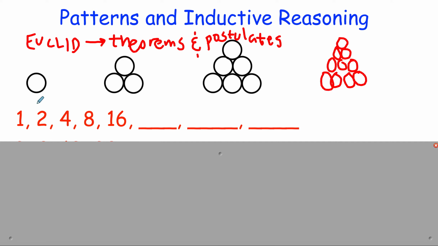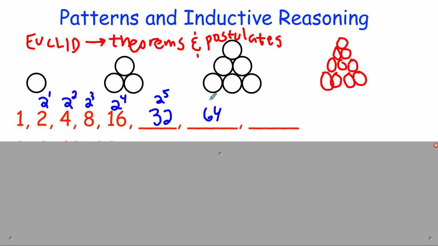There are lots of ways that you could write 2. I'm going to write 2 as 2 to the first power. Is there another way I could write 4 that looks similar to this? Yes, 4 is also 2 to the second power. And 8 is 2 to the third power. And 16, guess what, is 2 to the fourth power. And then, as you can see, this would be 32, which is 2 to the fifth.